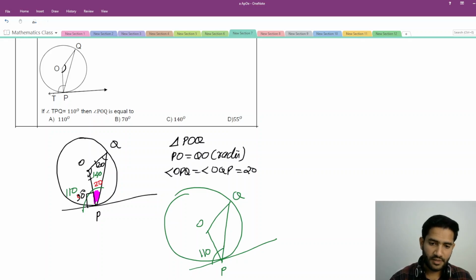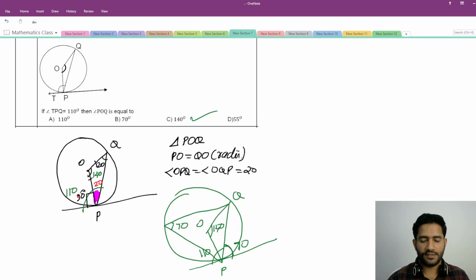By linear pair, we can find this angle, which should be 70. If this is 70, this should be double of 70. What's the reason? These two angles are equal, and we can use the central angle theorem. It will be 140. So in any way, 140 is the answer.